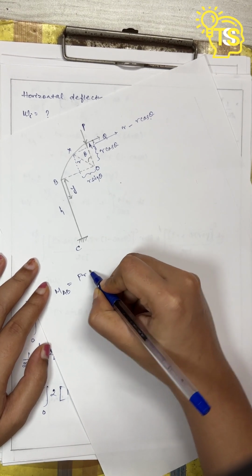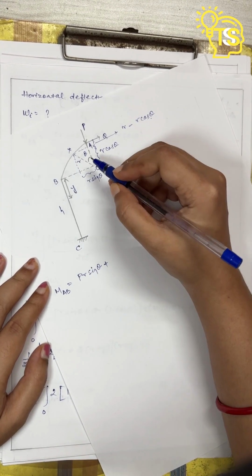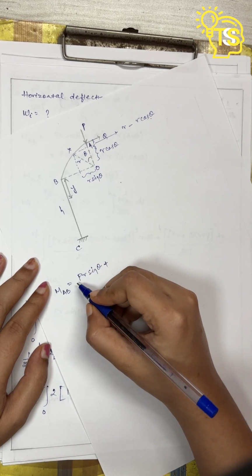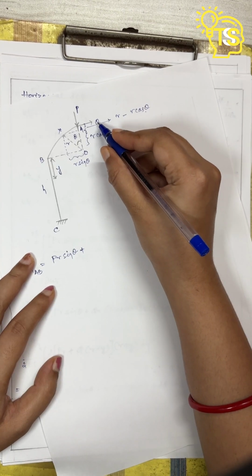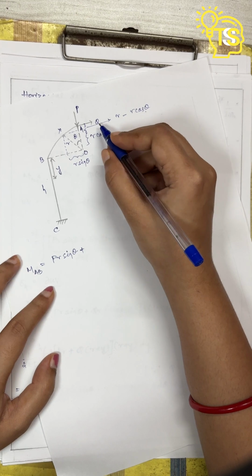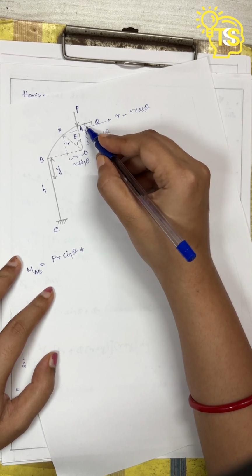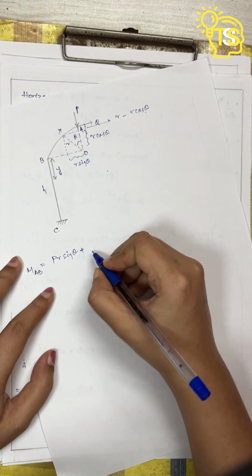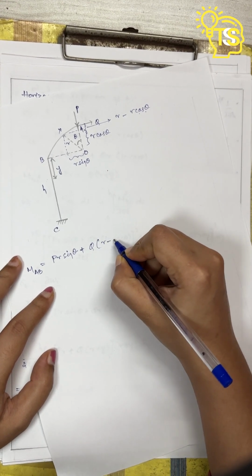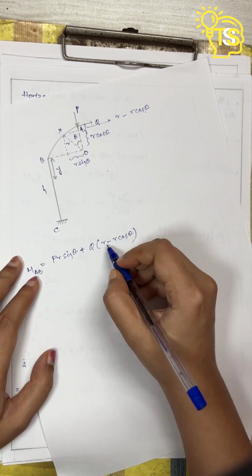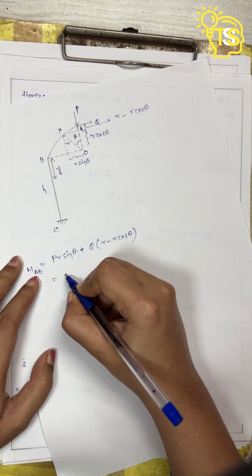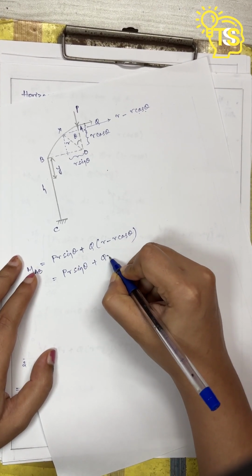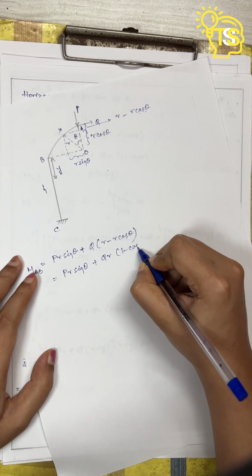So P r sin theta plus, as it is clockwise direction, the sign will be positive. And for horizontal force Q, the moment will be Q into its effective length, so the value will be Q (r minus r cos theta). Let's bring the r outside. So we will get P r sin theta plus Q r (1 minus cos theta).